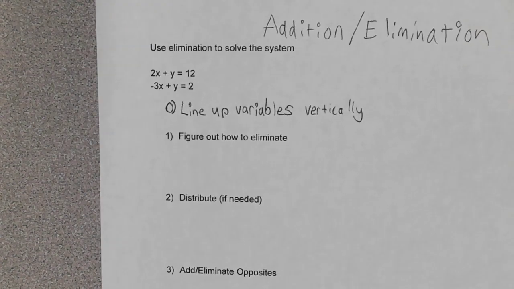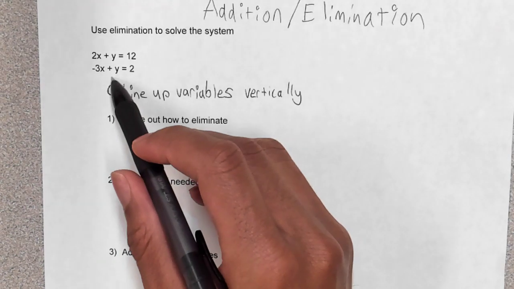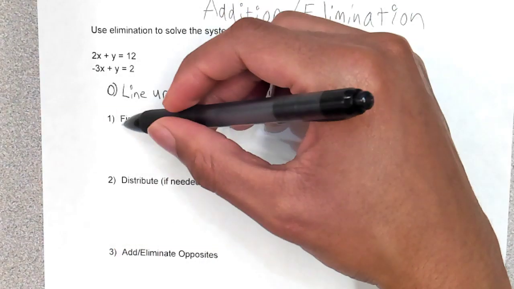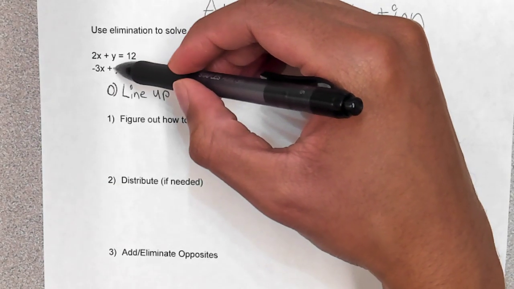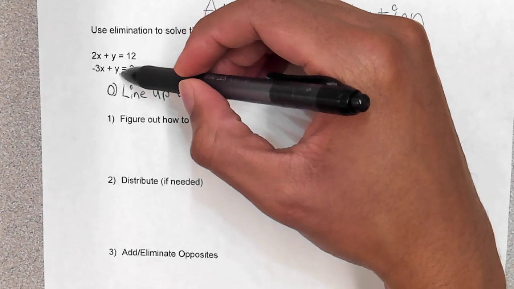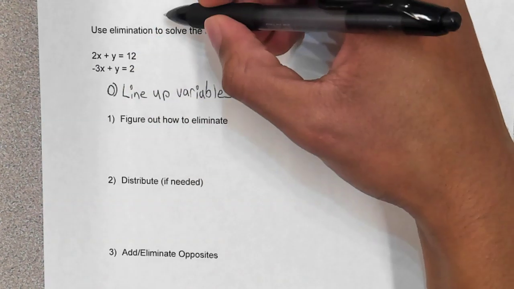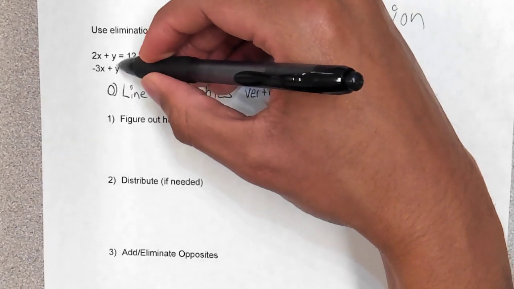So we're going to follow the process for this one. These 2 equations are already lined up vertically. So step number 1, figure out how to eliminate. We want to add them in such a way that the y's cancel out, or the x's cancel out. In this case, the y's are very similar to each other already.